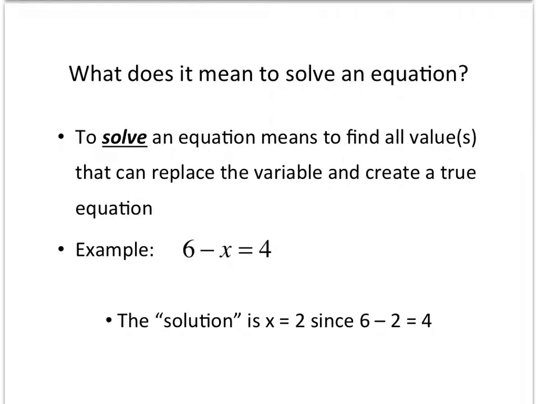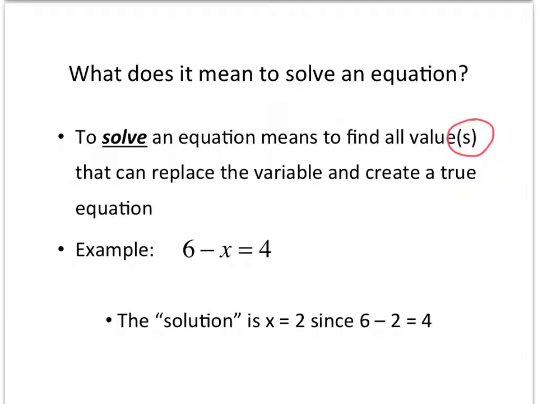So when I say what does it mean to solve an equation, we notice that to solve an equation means to find all values, and notice the S here. This S is implying that there could in fact be more than one solution. But we want to find any solutions that do exist that would create a true equation.